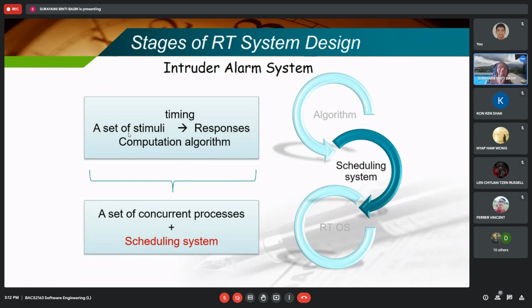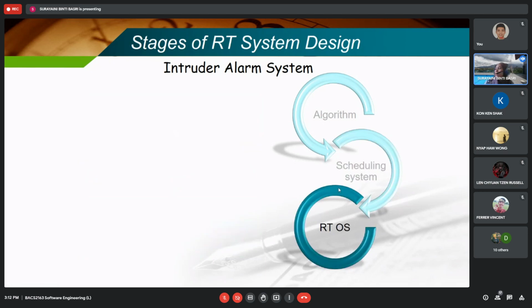Now in the scheduling stage, we will need to schedule a set of stimuli and responses, meaning there is more than one stimulus and response, together with the timing and the computation algorithm. In this stage we determine who is first, who is next.